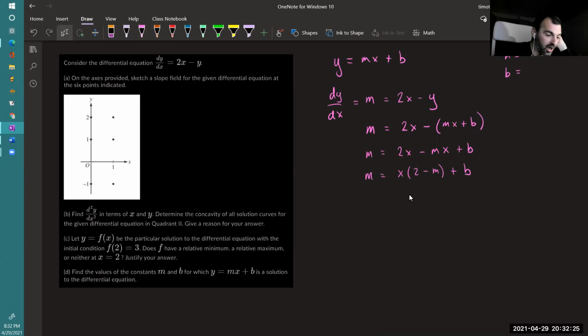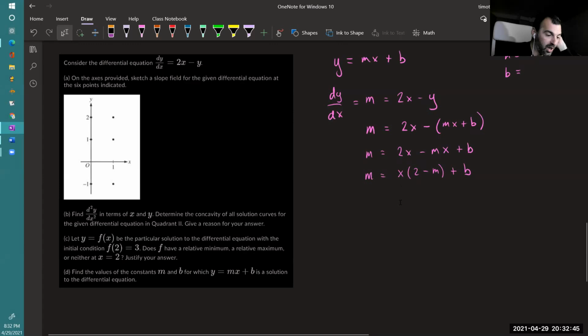Now, this is the logic here. In order for this to work for all x values, the coefficient in front of this x must be 0, because then this x would get canceled.